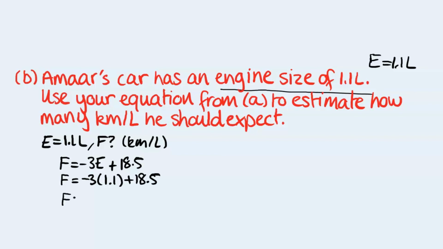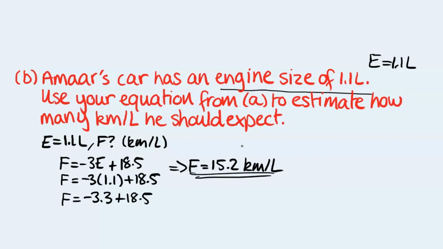Okay, so that gives us F is equal to minus 3.3 plus 18.5, which is equal to 15.2. And then you need to be careful with the units. F is the fuel consumption, and that's kilometres per litre. Okay, so there we have it, that's our final answer.